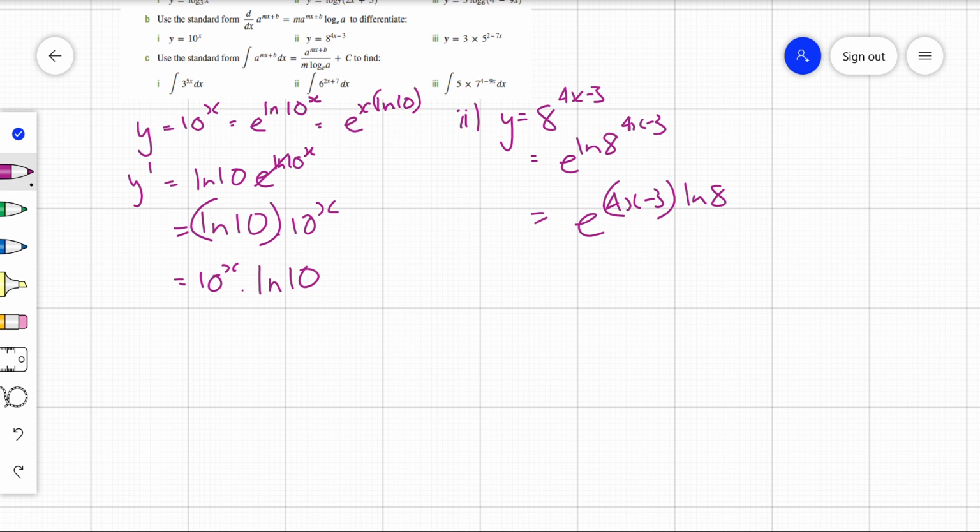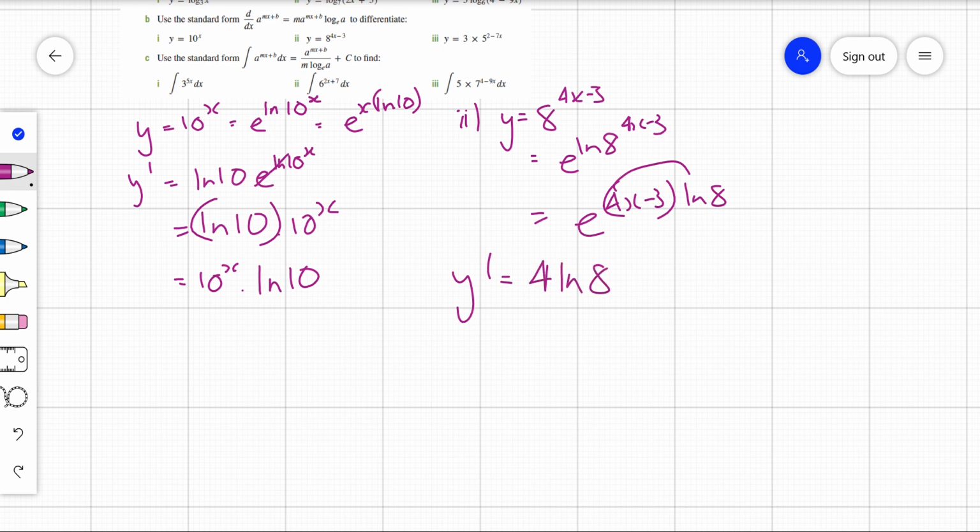The minus 3 part, if I expanded that, minus 3 log 8, would just be a constant. So I'm really just looking at the coefficient of x, which is 4 log 8. So it's the 4 log 8 that is coming down here.